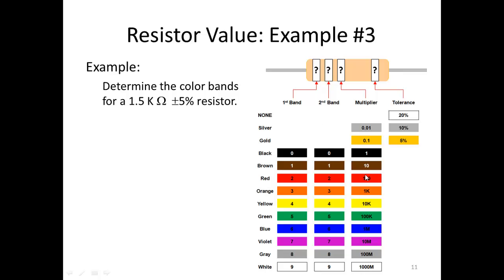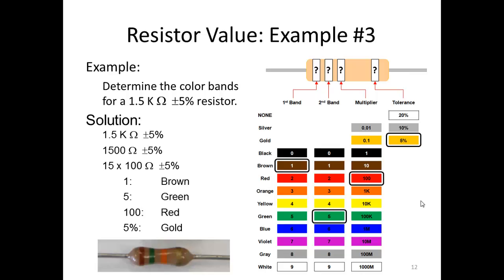Is it going to be orange or is it going to be red? It's going to be red, right? Because when we take 1.5 and multiply by 100, we're going to have 1,500, or 1.5 kilo ohms.